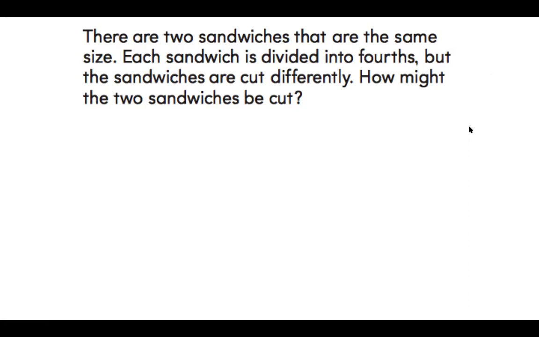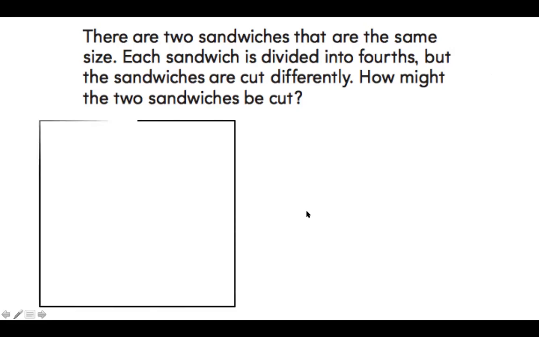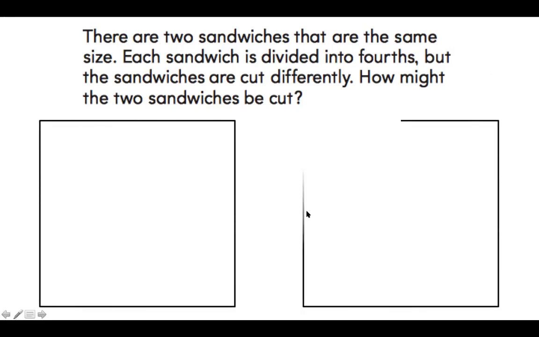All right, friends. So when I think of sandwiches, again, I think of squares. So I made 1 square, and then I made another square. Awesome. Because sandwiches are square, and there's 2 sandwiches here. Let's read the next sentence. It says, each sandwich. That's the same as every sandwich.